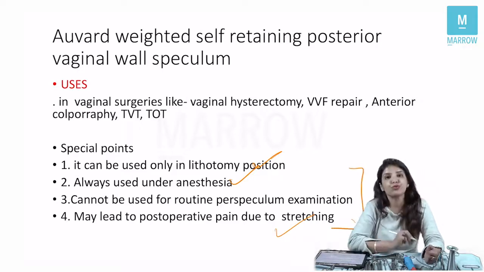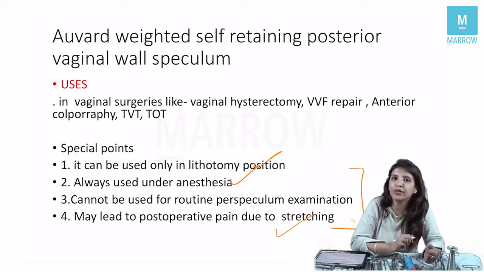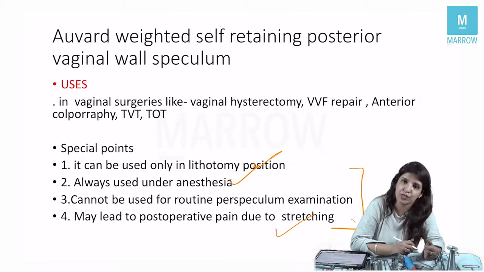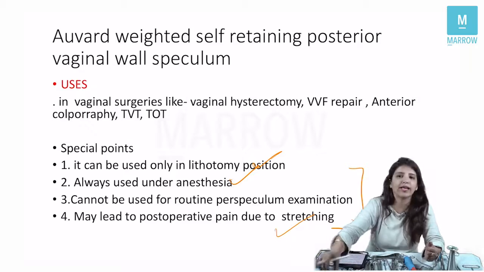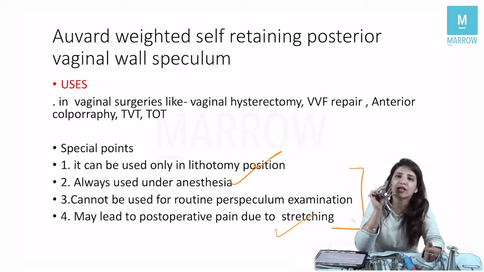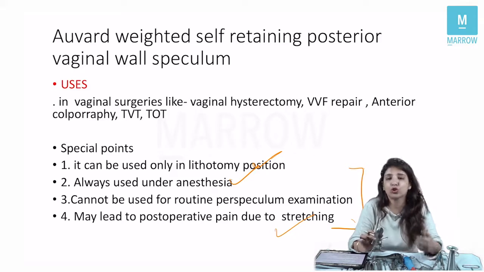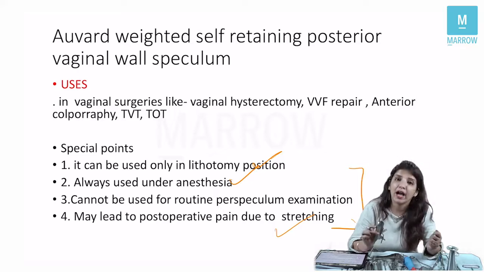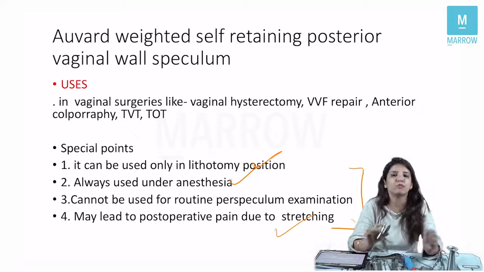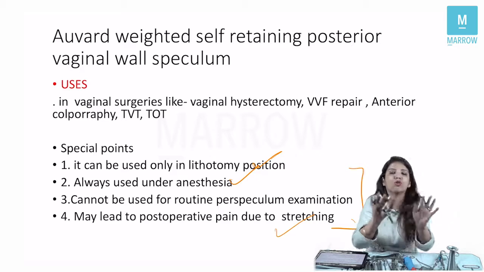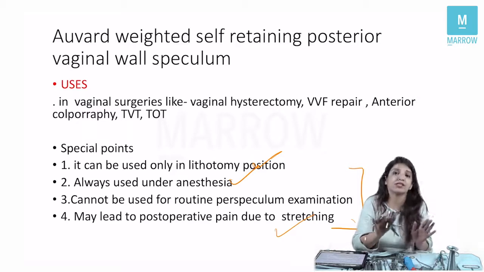Where are you going to use Auvard speculum? You are going to use Auvard speculum when you are doing vaginal surgeries, right? In vaginal surgery, I cannot use a self-retaining Cusco speculum. And for vaginal surgeries, I cannot throughout the surgery ask an assistant to hold the Sims speculum. I need a speculum which gives me good area to operate and is self-retaining.